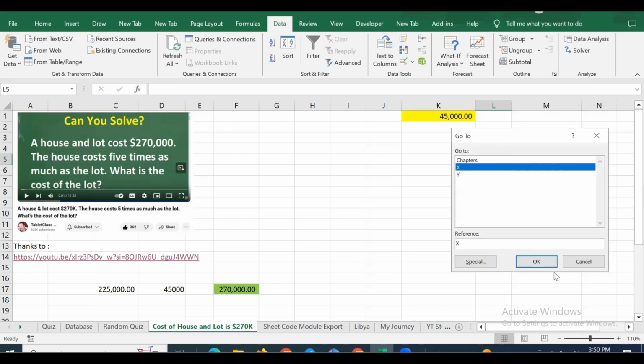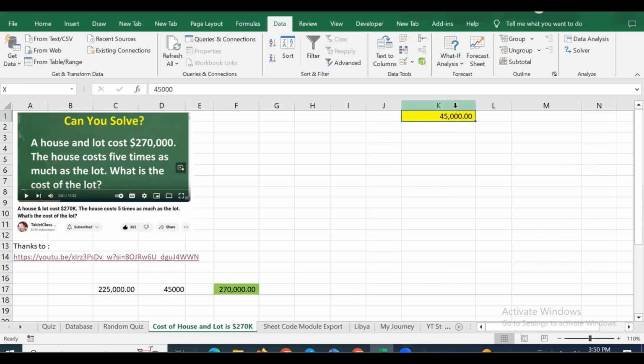Let's go to X. So the cell will be highlighted, so you are on X, right? That X is shown here as a house. This is the cost of house. House cost. And this is, of course, the lot's cost.